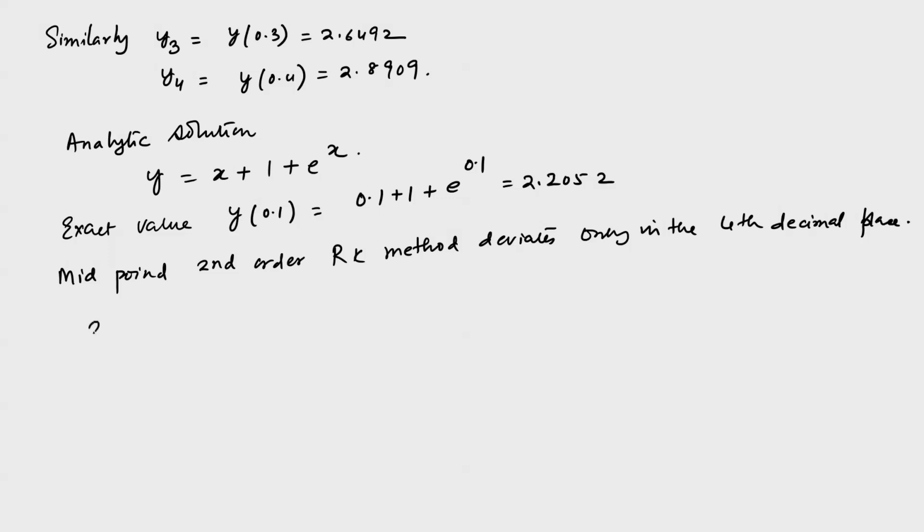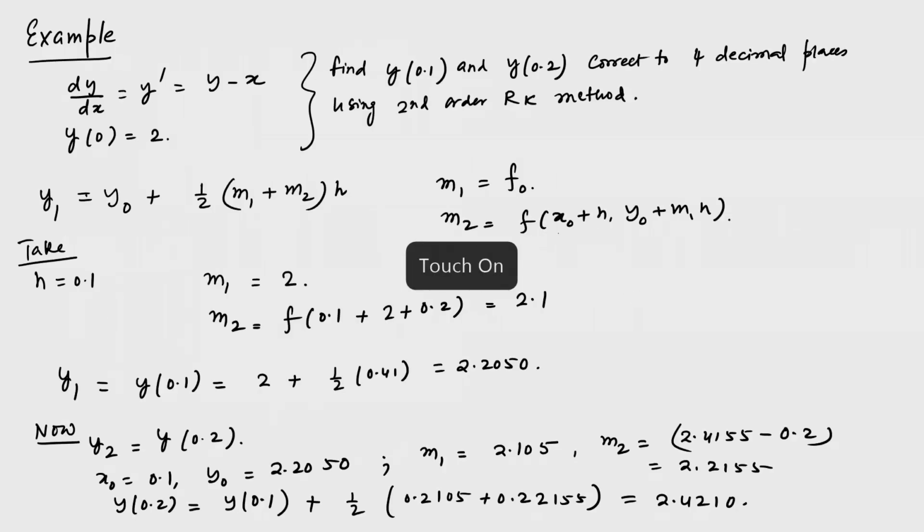So, similarly of course, the exact value of y at 0.2 is equal to 2.4200, whereas we got 2.4210. So, that is in the third decimal place.